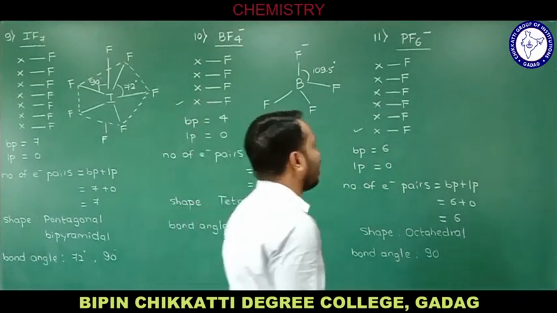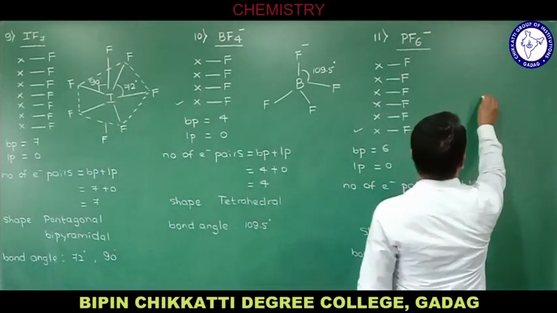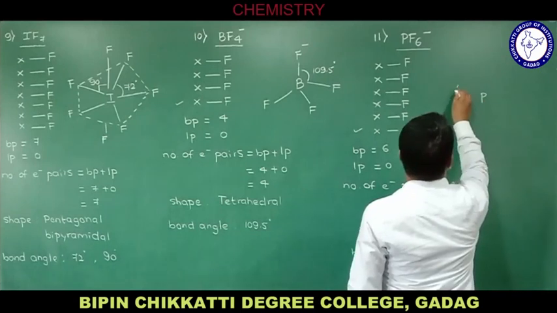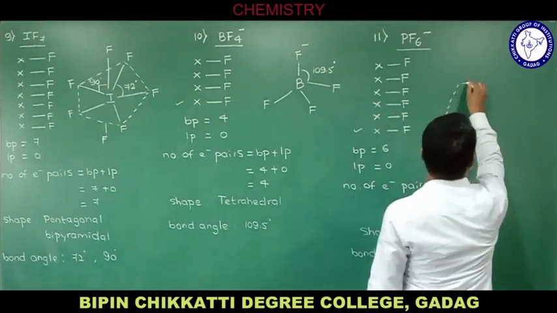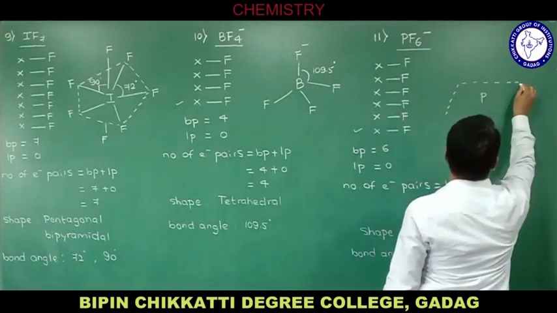And I hope you remember how an octahedral molecule actually looks like. Phosphorus in the middle. We have seen such a shape already.